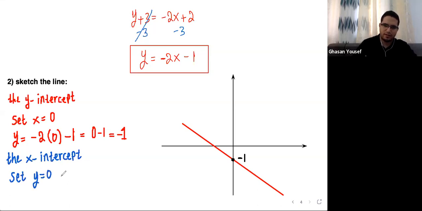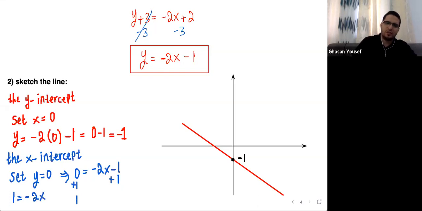Then I get 0 equals -2x minus 1. Now we solve it for x. You add 1 to both sides, add 1, add 1. I get 1 equals -2x.